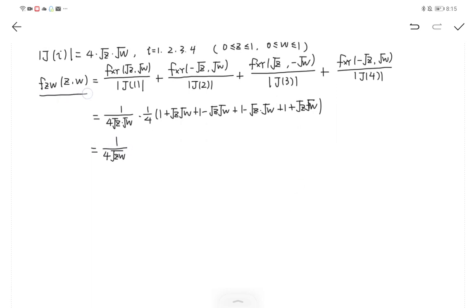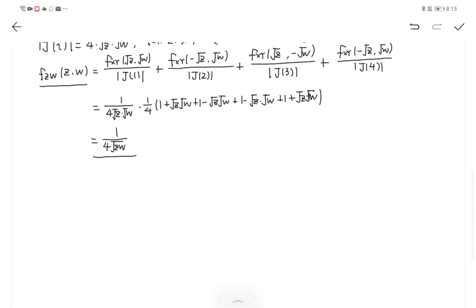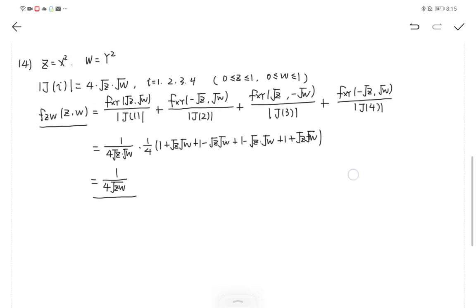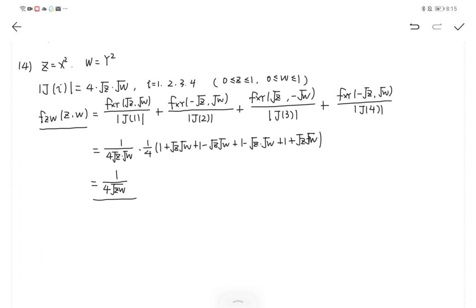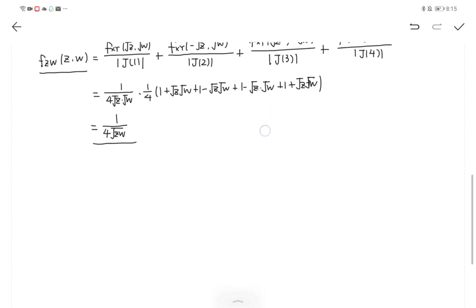So this is the density function, the joint density function of Z and W, and this is the joint density function of X to the power 2 and Y to the power 2.